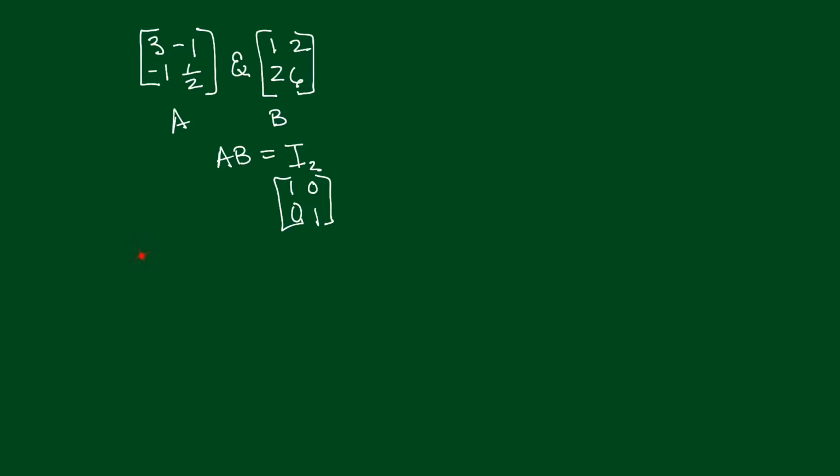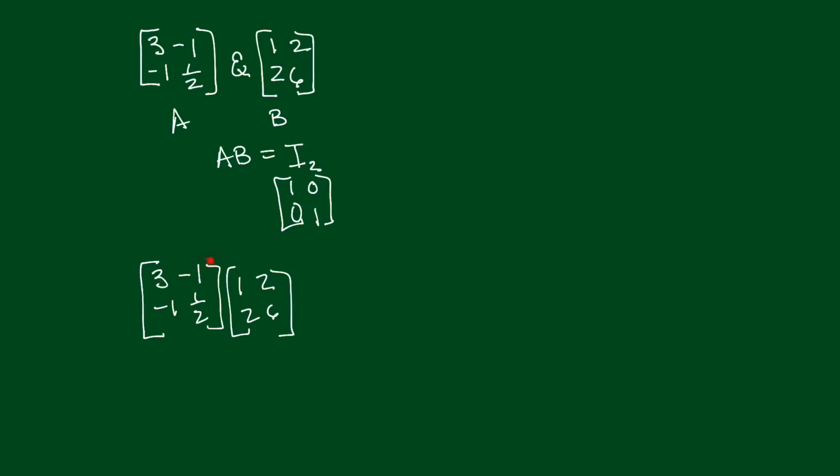Now we can set this up like this. All right, we're going to have 3, -1, -1, 1/2, and 1, 2, 2, 6. And when we multiply, we're going to do what? First row, first column.